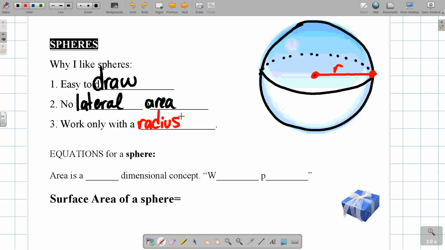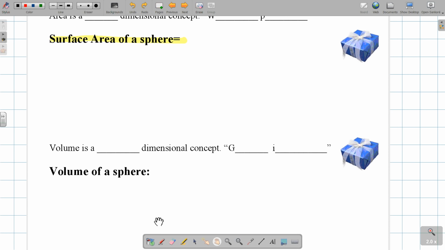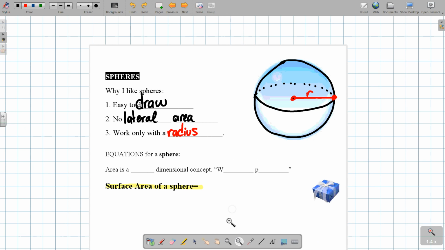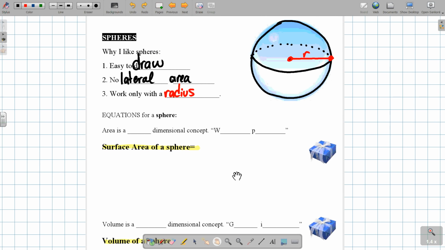Now, when you're working with the sphere, there's 2 things we're going to talk about. The surface area of a sphere, and then the volume of a sphere. The surface area of a sphere, that's like wrapping paper. 2 dimensions.